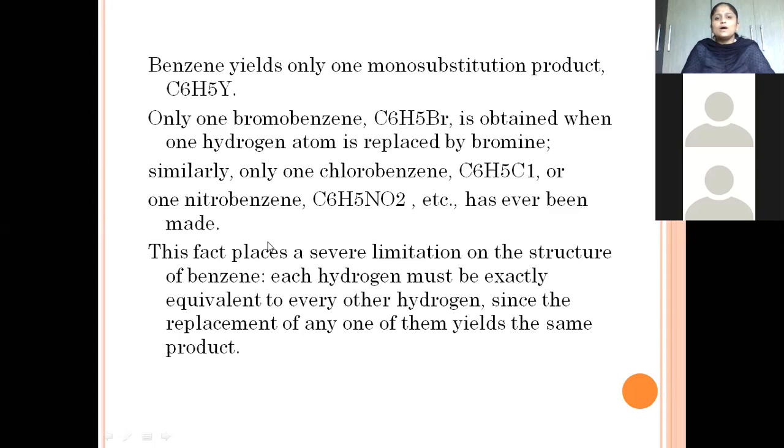or one nitrobenzene, by substitution of one hydrogen atom of benzene with the help of a nitro group, has ever been made. This fact places a severe limitation on the structure of benzene. Each hydrogen must be exactly equivalent to every other hydrogen atom.